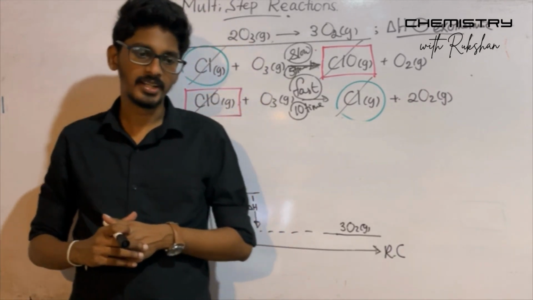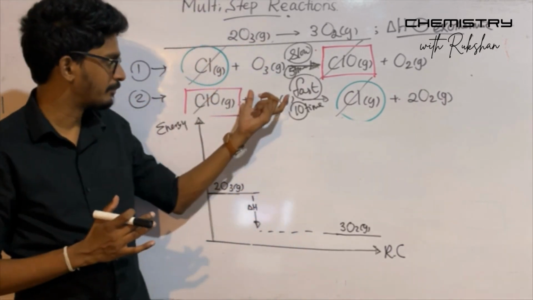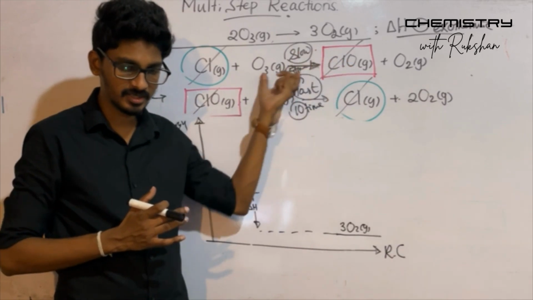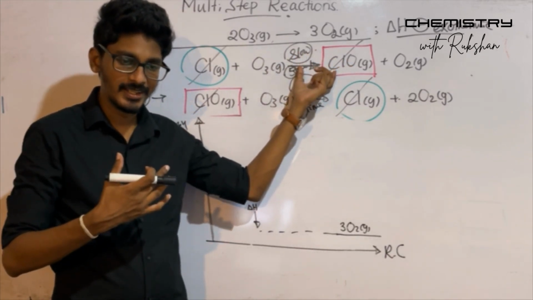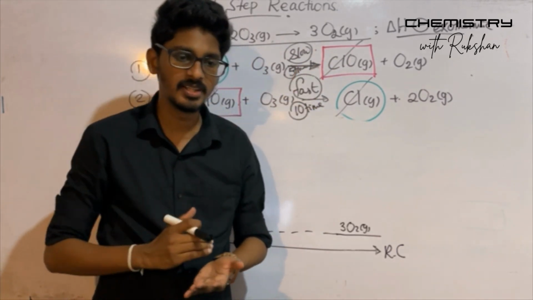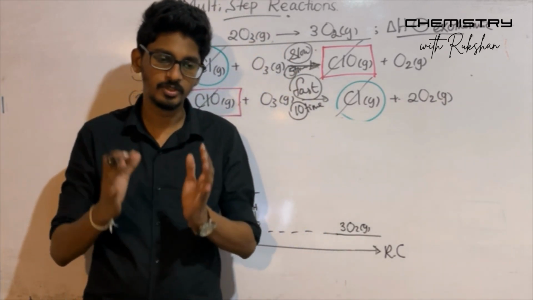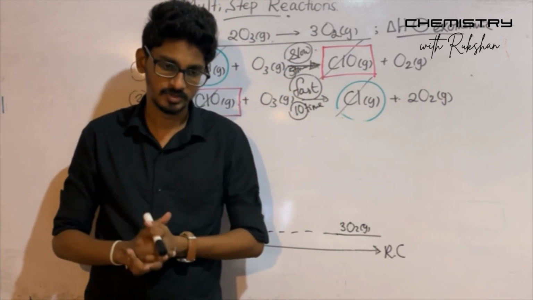If you have a great activation energy barrier, fewer molecules will overcome it and come to the product village. That means your reaction rate will be low.